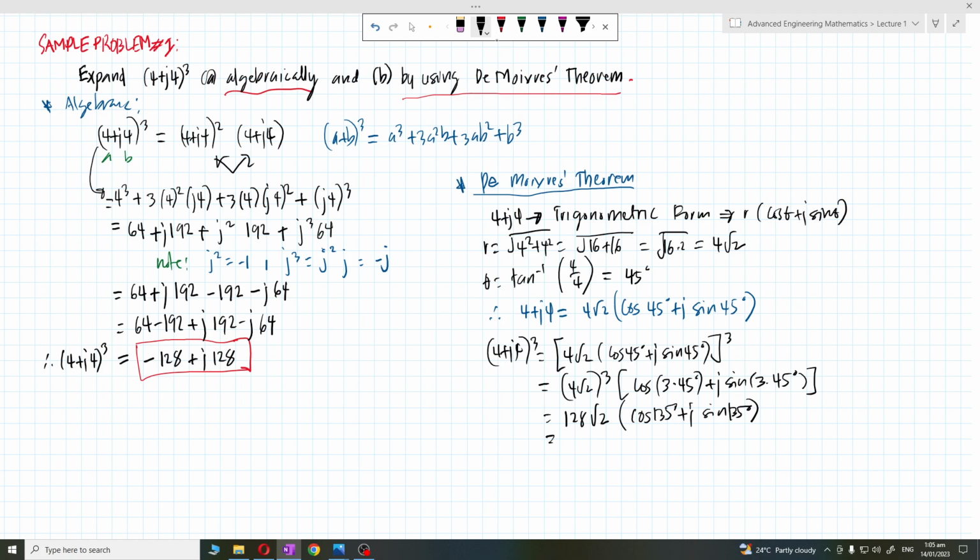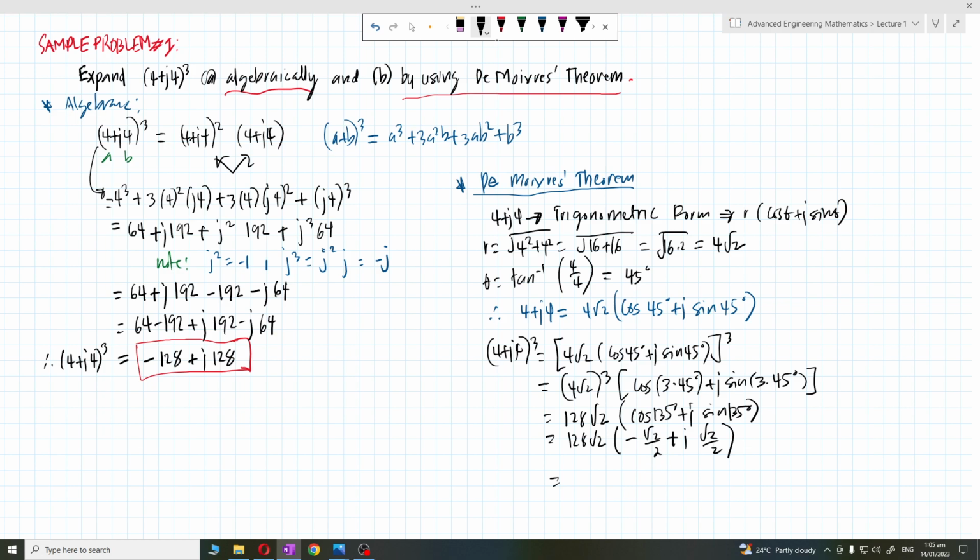Now, what is cosine of 135 degrees? That is equal to negative square root of 2 over 2. Then plus sine of 135 degrees, which is positive square root of 2 over 2. Distribute 128 square root of 2 to this expression. Square root of 2 times square root of 2 is 2 over 2, so 1.